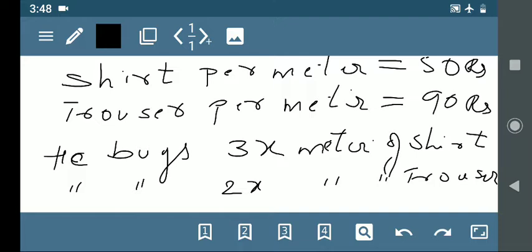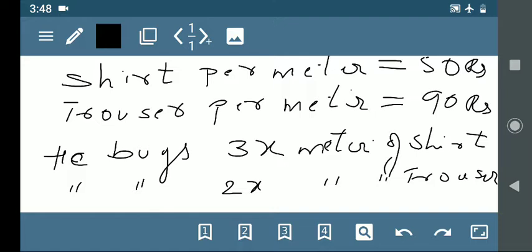He sells the material at 12% and 10% profit respectively. First one is shirt, second one is pant.